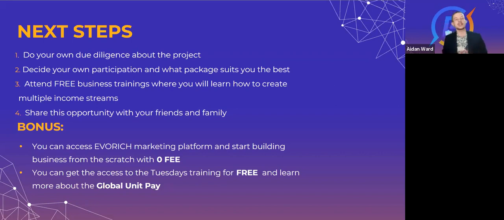So Yoz, the difference between buying regular FNT packages and installment packages is just whether you have enough funds in your Everich back office or your Crew Eversend back office to fulfill the payment in one go. What the installment packages are really good for is to take the package amount and cut it into certain segments so that you've got a bit of breathing room.